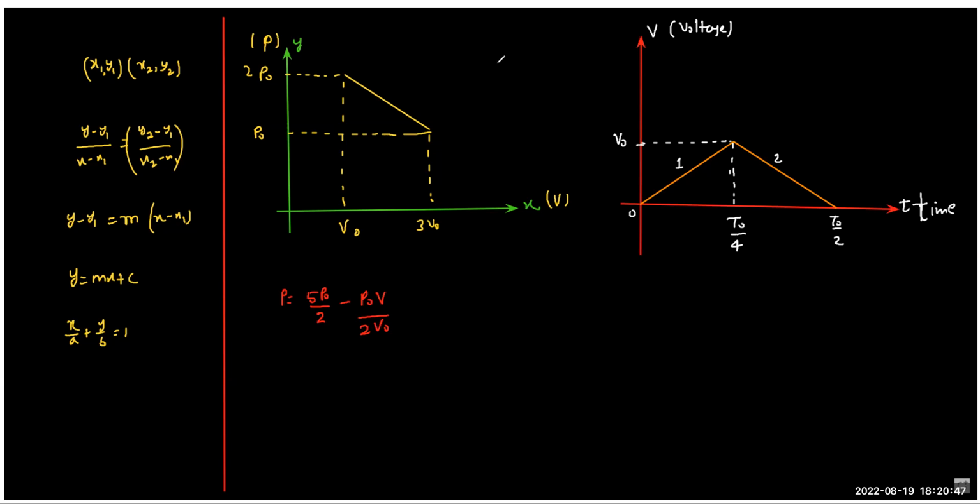Very good. You cannot take t naught by 4 as the origin.